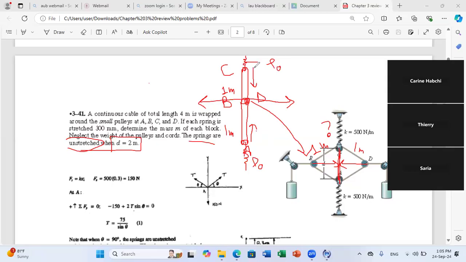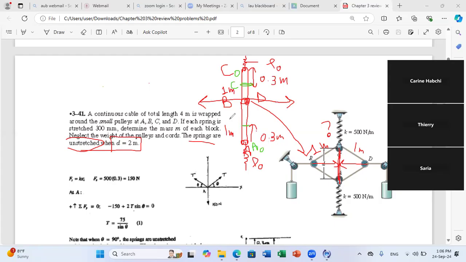This means C moved downward 0.3 meters, and A moved up 0.3 meters. So you can deduce the new distance. I will call this C0, the initial position, and this is the actual position C now. This position was A0, and now this is the actual position A.